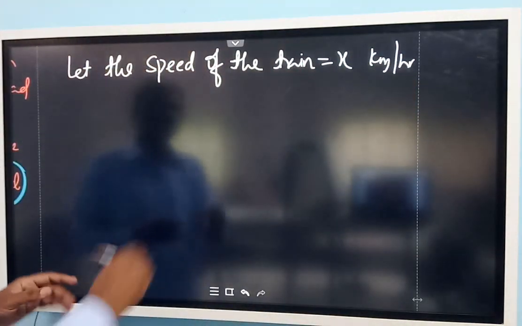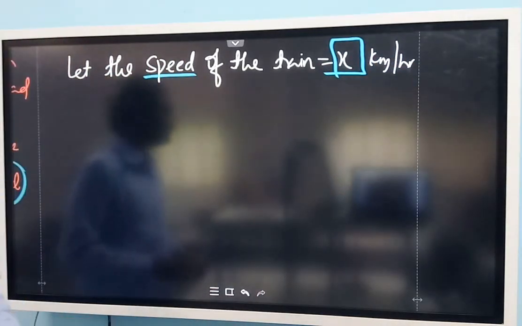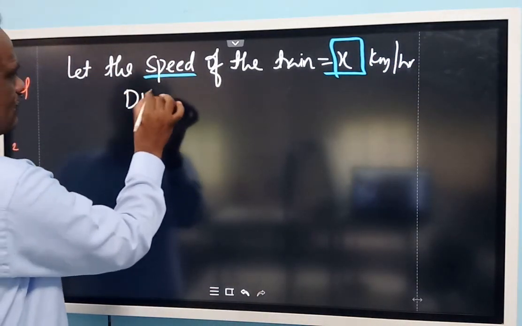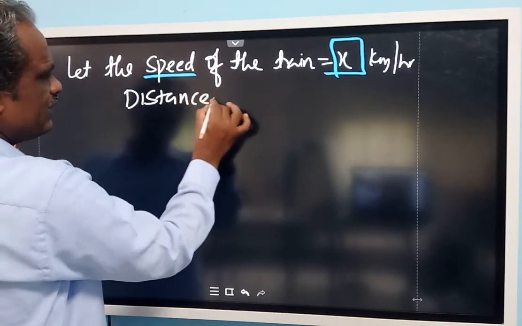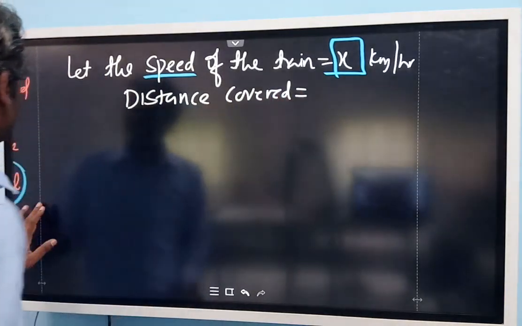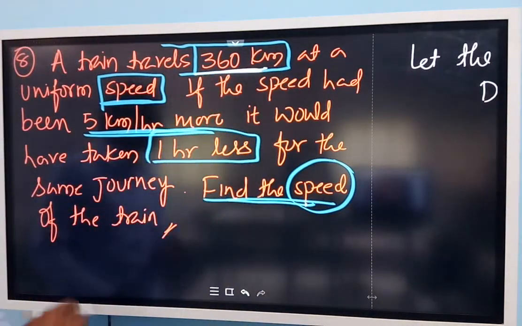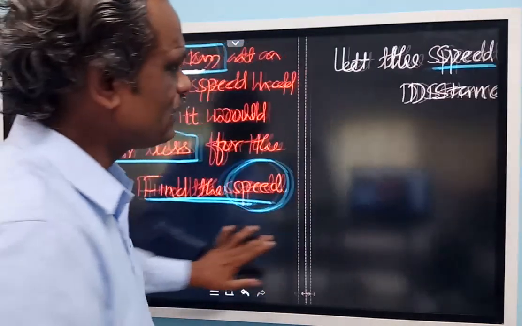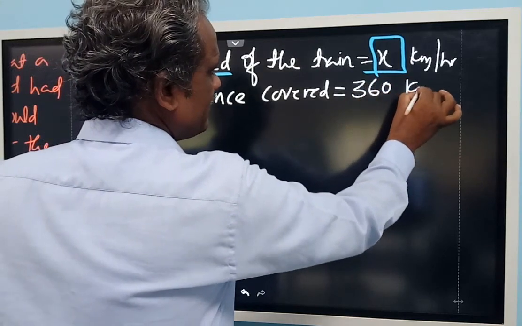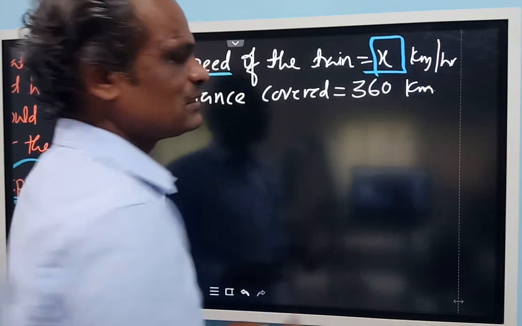And the distance covered is given, look at the question once again, 360 km. So 360 kilometers is the distance and the speed is x km per hour.